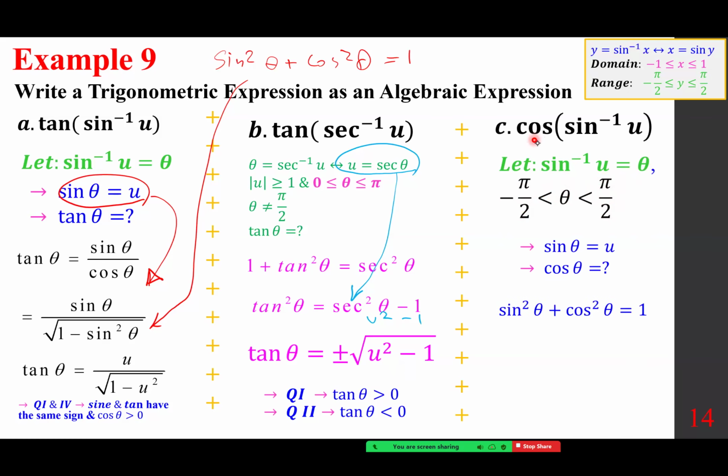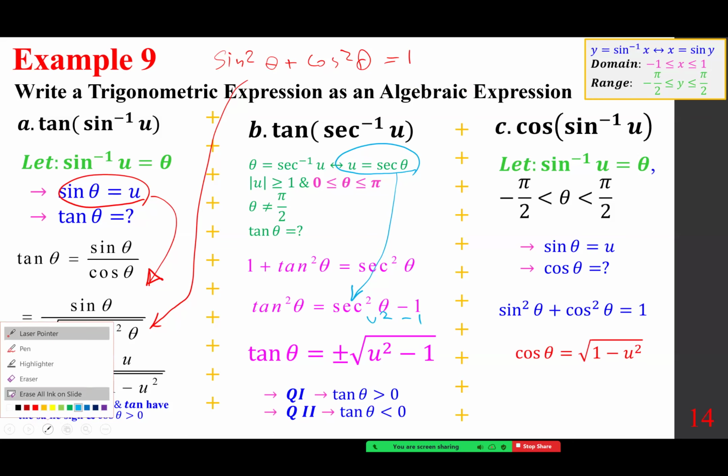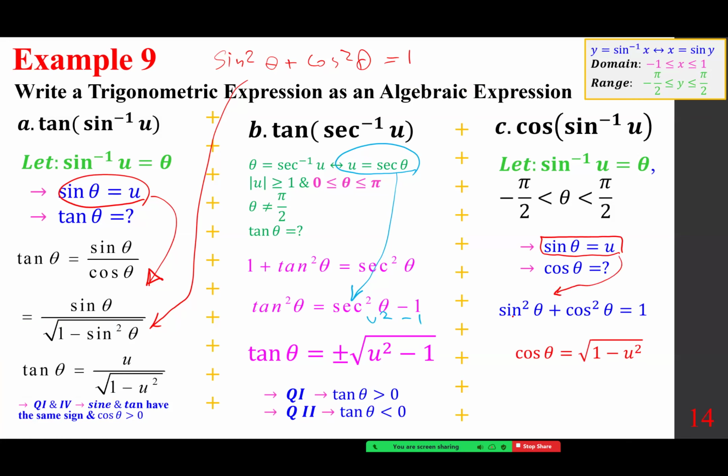Sine squared plus cosine squared is 1. Cosine is the square root of, again, we are using that. Cosine squared is 1 minus sine squared, so cosine is the square root of 1 minus u squared. Let's actually do this. So I want to make sure that we understand what's going on here. u squared, okay?